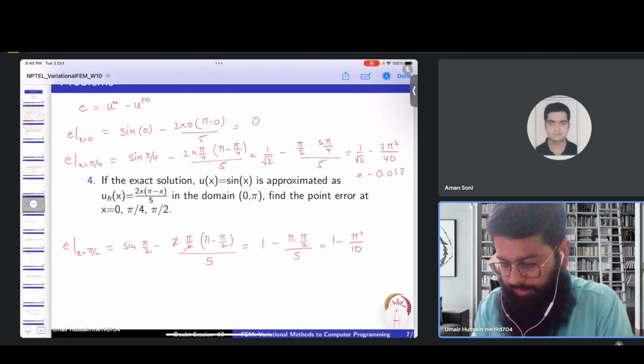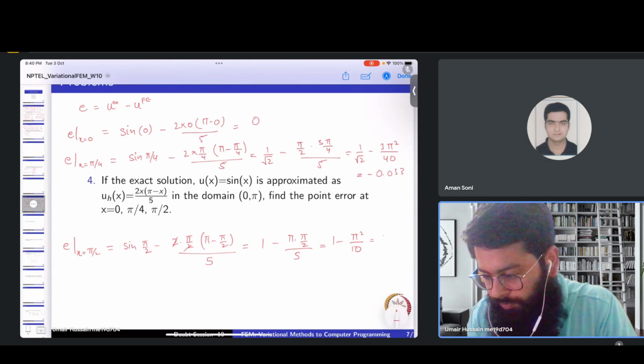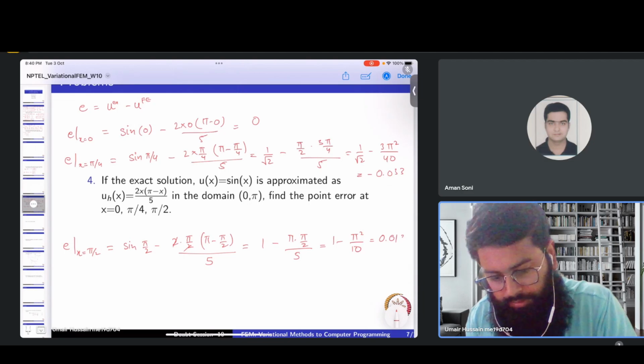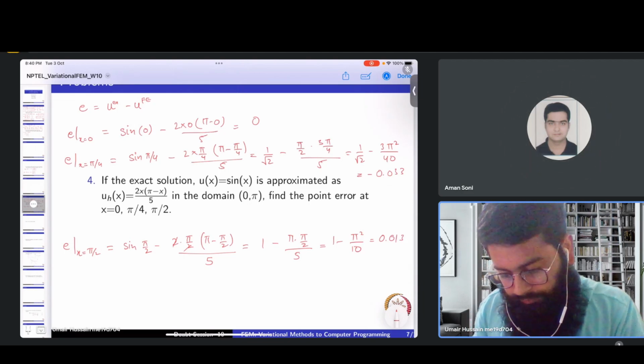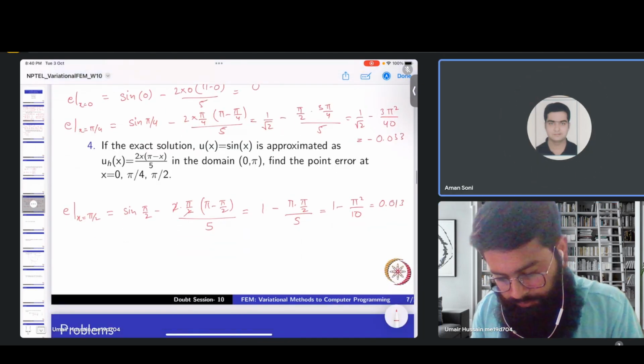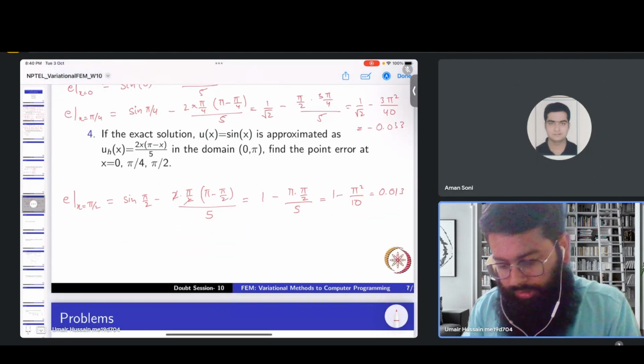We have 1 minus pi square by 10 is equal to 0.013. So these are the point errors.